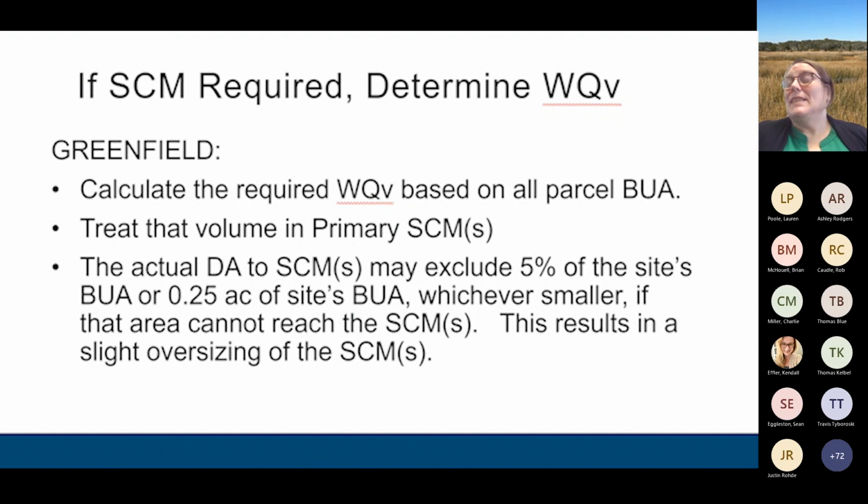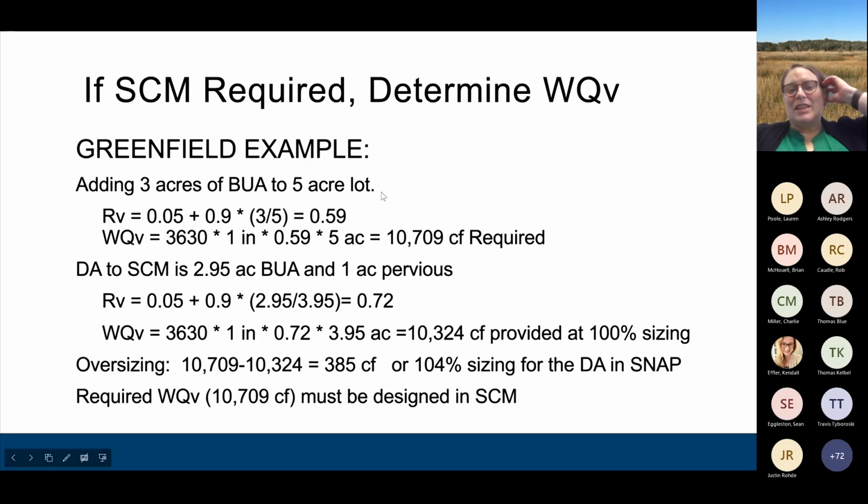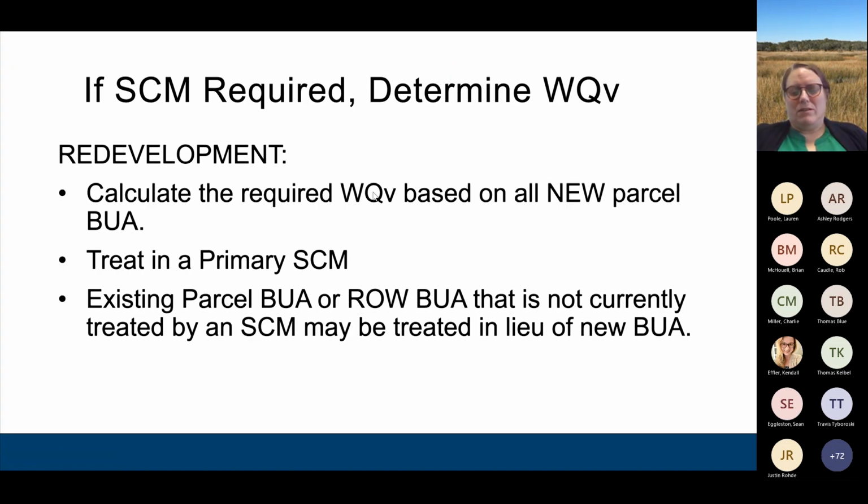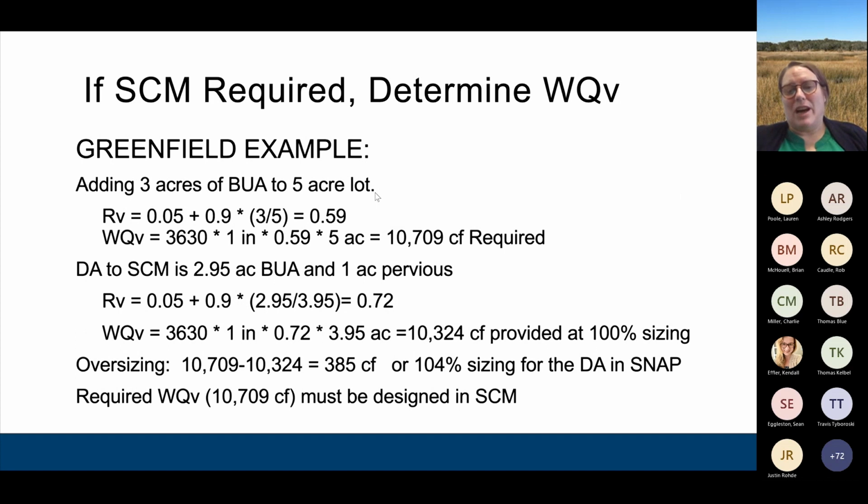So the city is saying, we will consider you compliant if you're sending at least 95% or no less than a quarter acre under. Let me show you a calculation which might help. It might make it more confusing. We will see. So let's say you have a 5 acre lot.